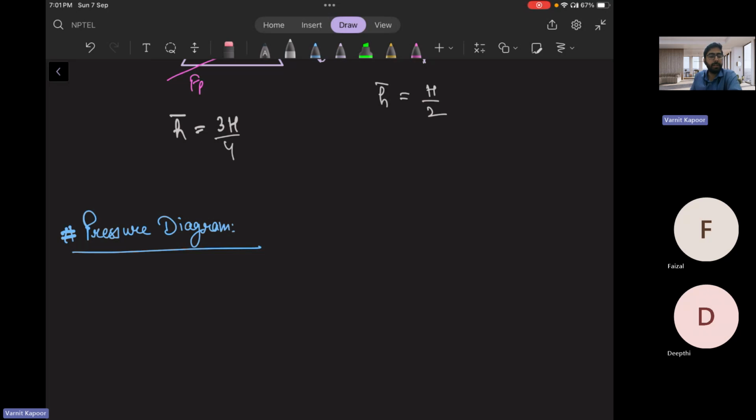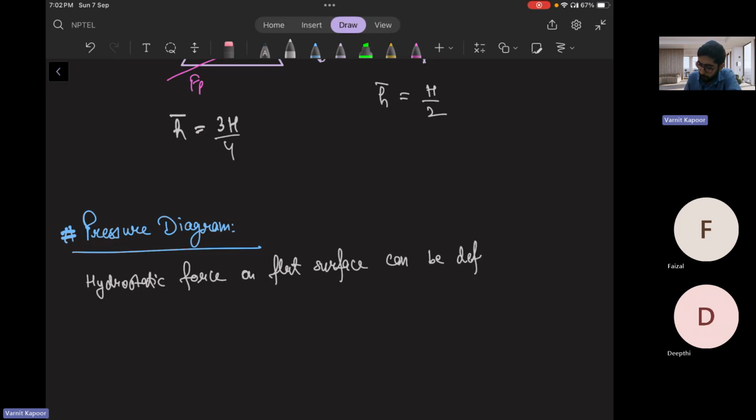Hydrostatic force on a flat surface, that is your FP, can be defined by the analytical method or by the pressure diagram.